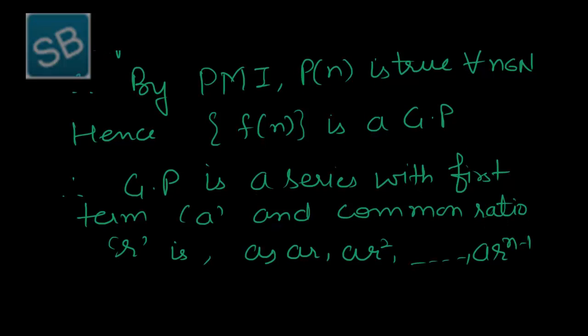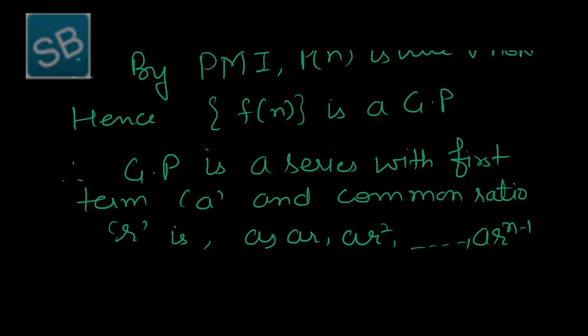So here Tn is a r raised to n minus 1 for all a not equal to 0 and r not equal to 0.